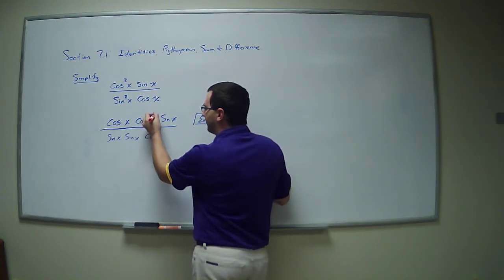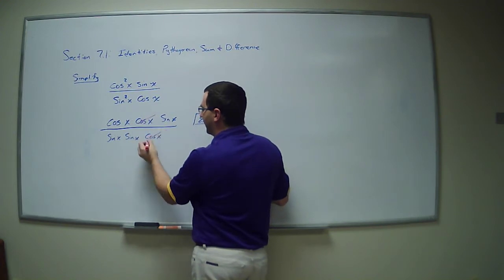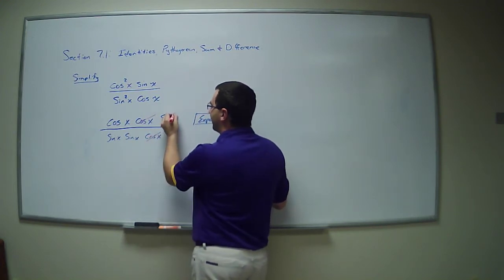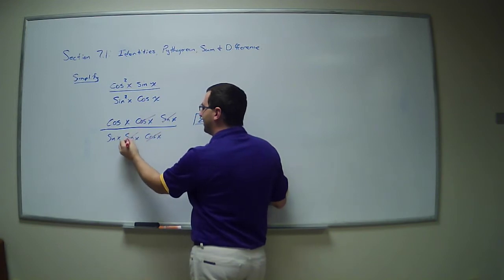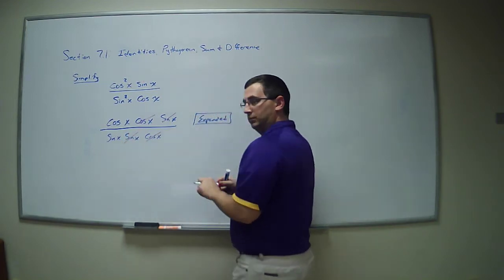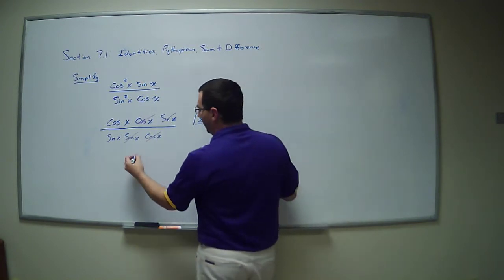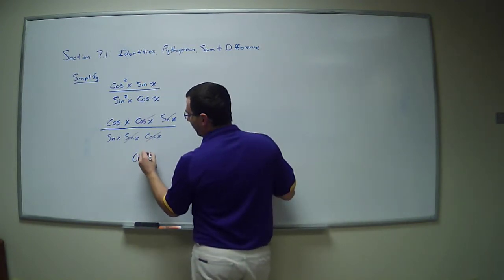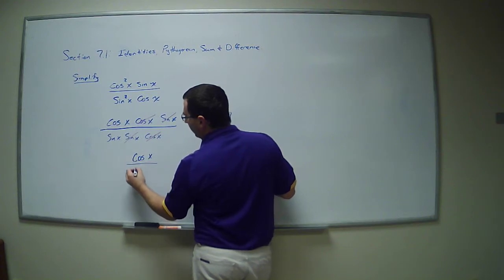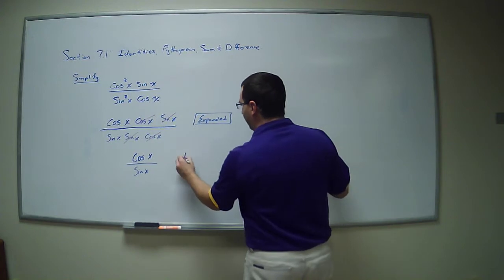A cosine x on the top can reduce with this cosine x on the bottom. This sine x on the top can reduce with this sine x on the bottom. So what we got left is a cosine x over sine x. Okay, so here we reduced.